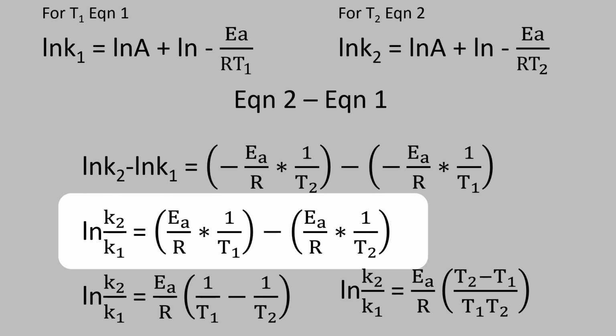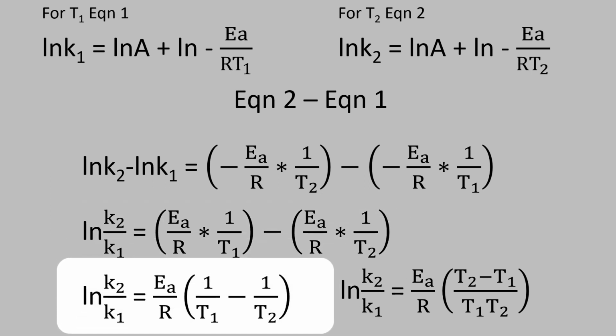I've just rearranged it to make the positive term first and the negative term second. Now the common factor Ea/R is going to be taken out, and then we will get this equation. ln(k2/k1) = Ea/R (1/T1 - 1/T2).